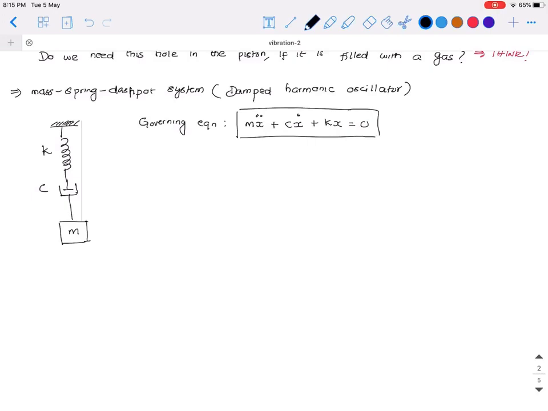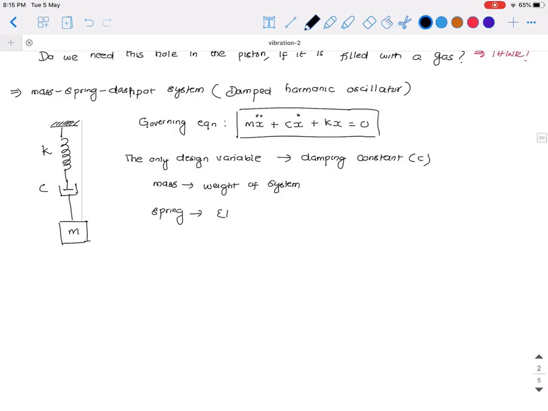Okay, if you observe this equation, the only design variable which is in our hand is the damping constant C. Because for a given system, mass is decided by the weight of the system, and spring defines the elasticity, which is a material property.